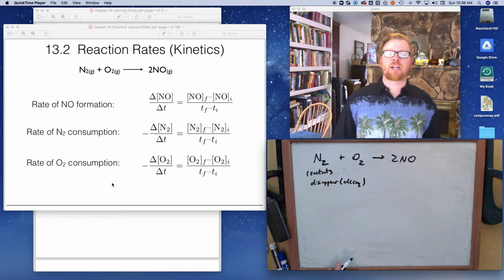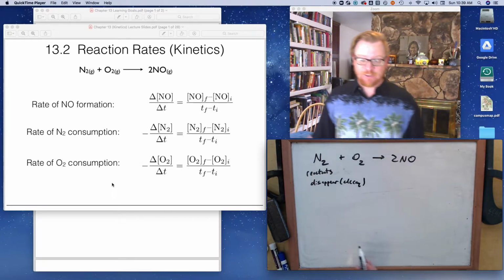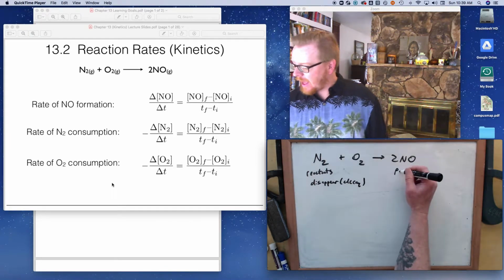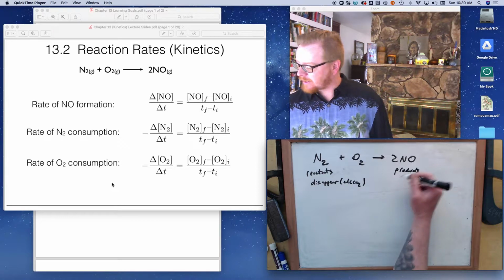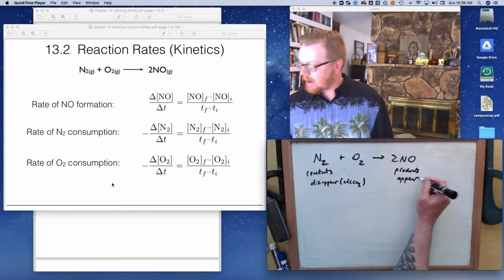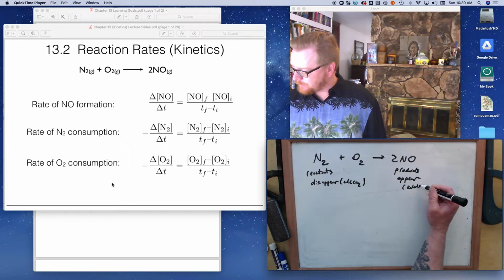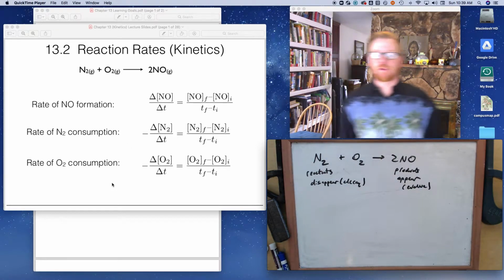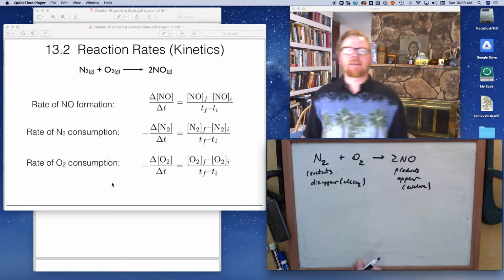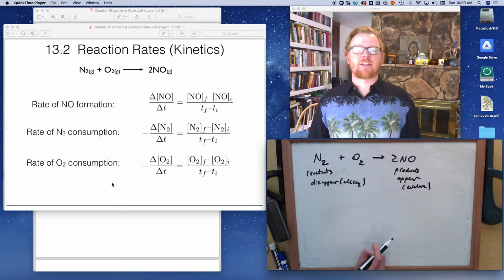So their concentration decays over time. And products appear. So products evolve over time. Okay? So that might sound kind of obvious, but we're going to use this language a lot.